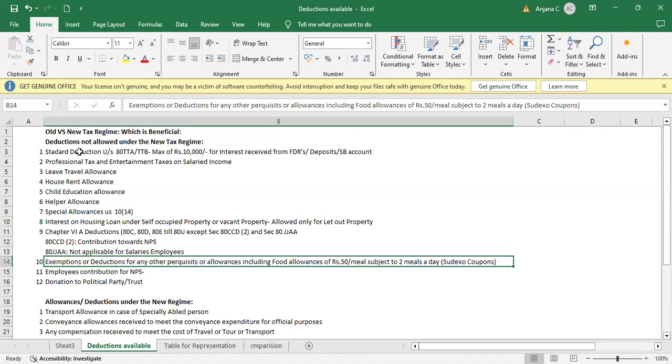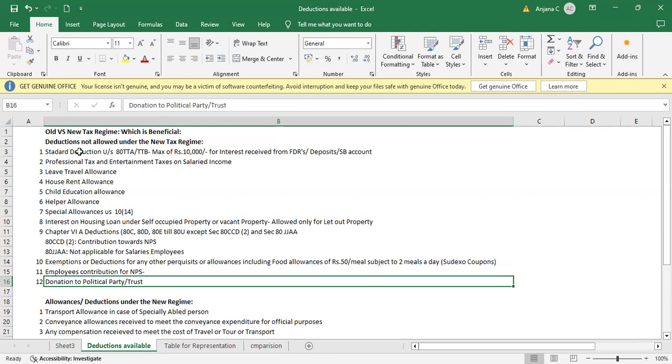This deduction allowed against these coupons has been withdrawn under the new tax regime. As I told you, employees' contribution to NPS is not allowed. It is only the employer's contribution which is allowed under the new tax regime. And donation to political parties, which generally qualifies for deduction under section 80G, has also been taken out.